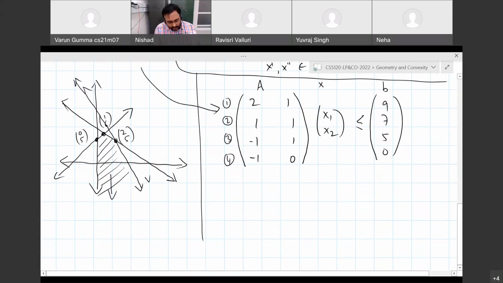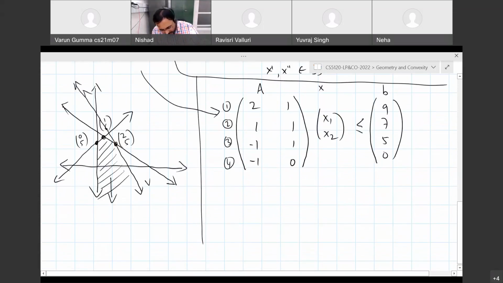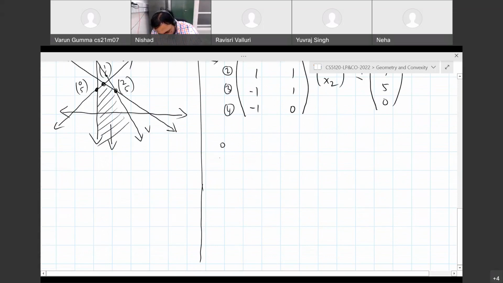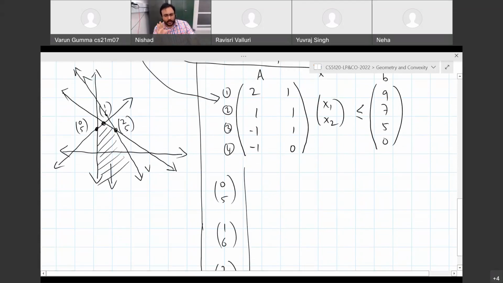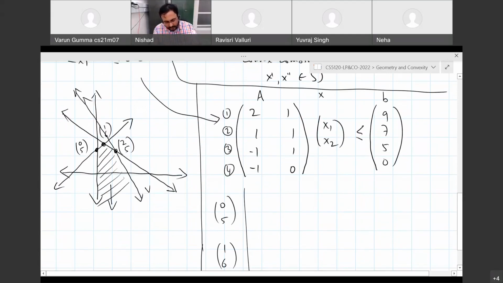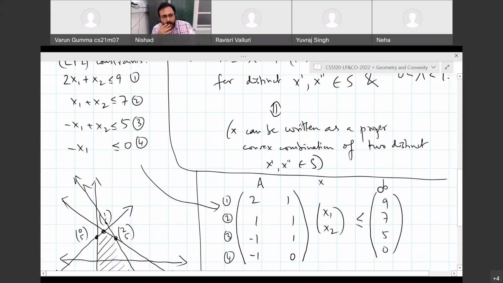And what I want to do is look at these three extreme points and understand what's going on with them: (0, 5), (1, 6), and (2, 5). Okay, so these are our three extreme points. Given any point, we are going to look at the constraints which hold with equality and the constraints that do not. Just to give you an example, for (0, 5), if you plug it into these constraints, can anyone tell me which of the constraints hold with equality?